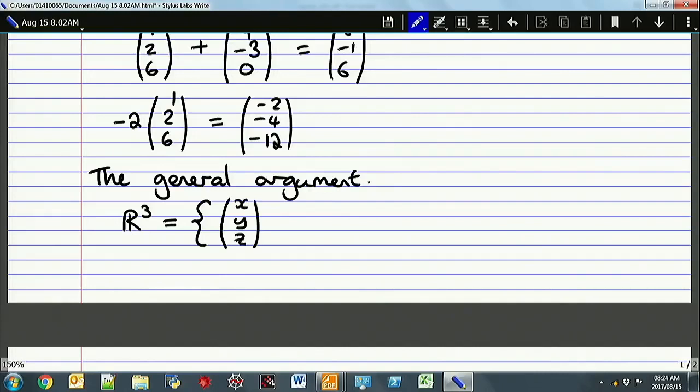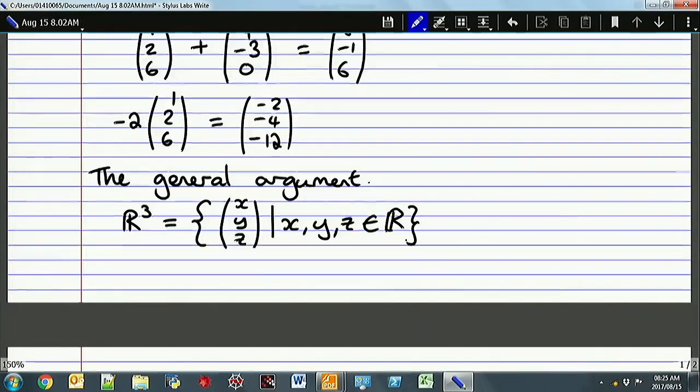It's a set of things which have three components, and these three components, X, Y, and Z, are all real numbers. What we're going to do now is choose two arbitrary elements of R3, add these arbitrary elements together, and check that the result is again an element of R3.